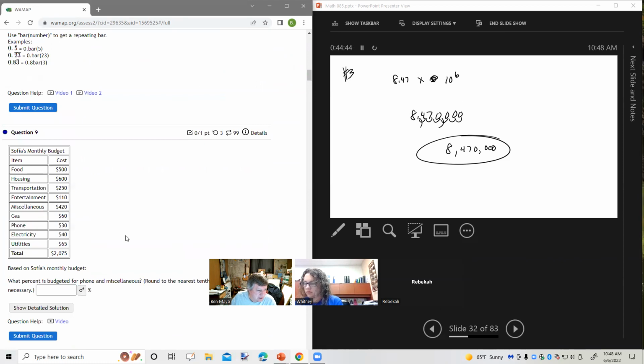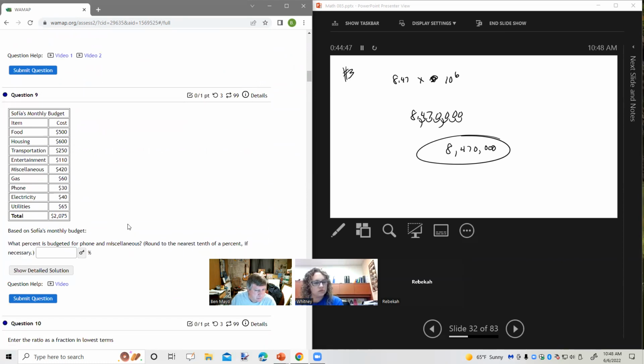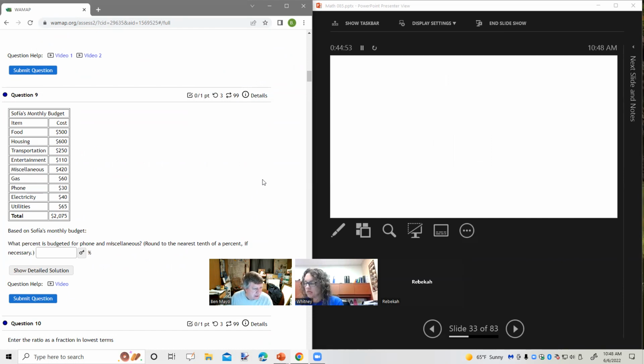Yeah, here we go. So this kind of thing, number 9? Yes. Okay, so what's your question? Just how you set the whole thing up? All right. So you've got all these different items in Sophia's budget, and then down at the bottom, you've got the total cost of adding all of these together. It says what percent is budgeted for phone and miscellaneous.